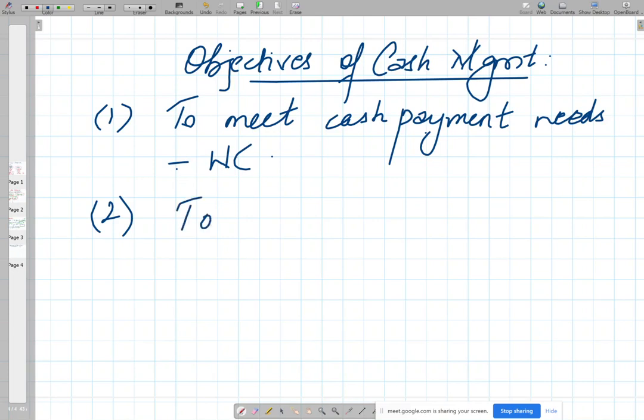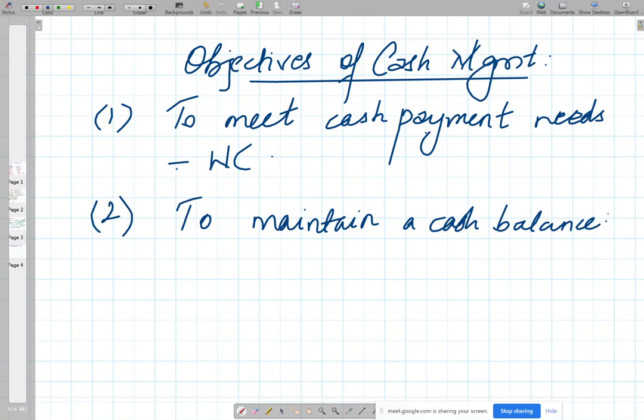Secondly, another main objective is to maintain a cash balance, right? You always need to have a sort of a cash reserve with you. It could be for some emergencies, it could be for any other contingencies, some backup besides your regular expenses.